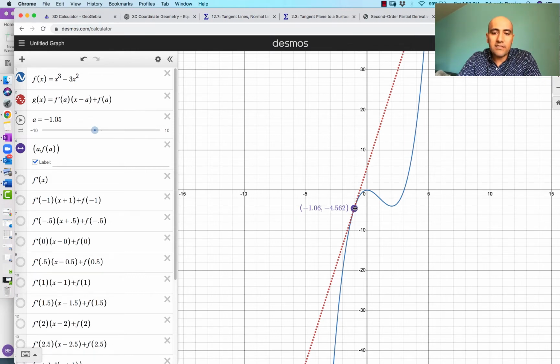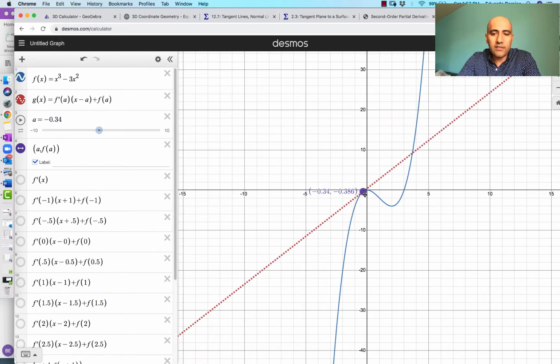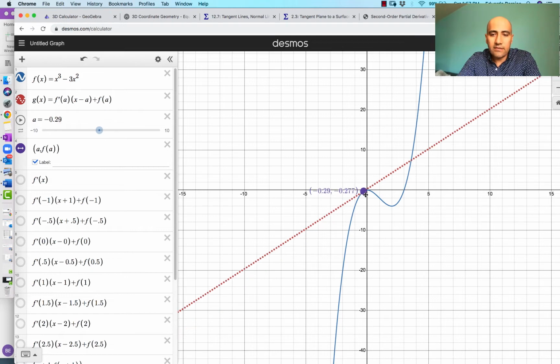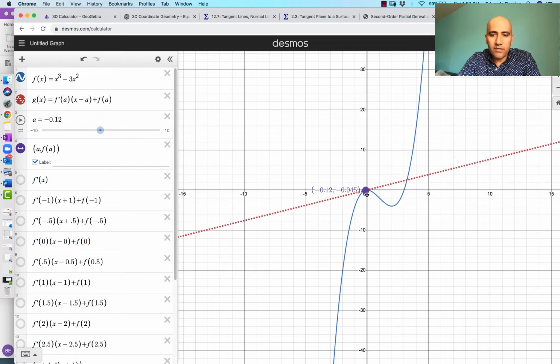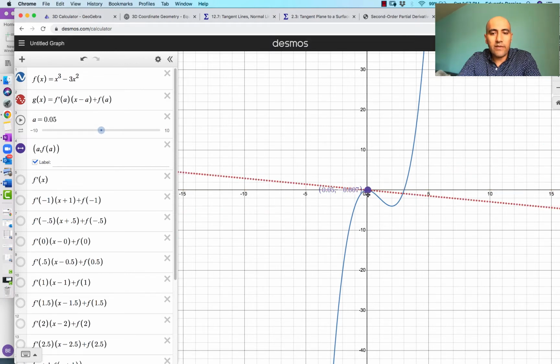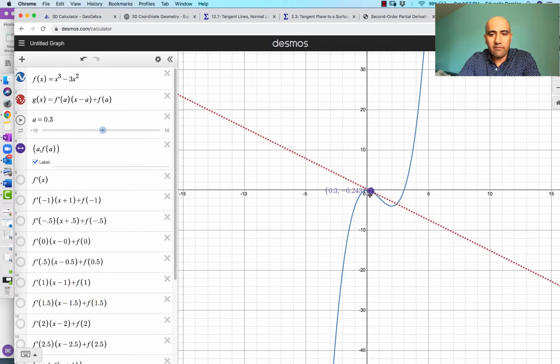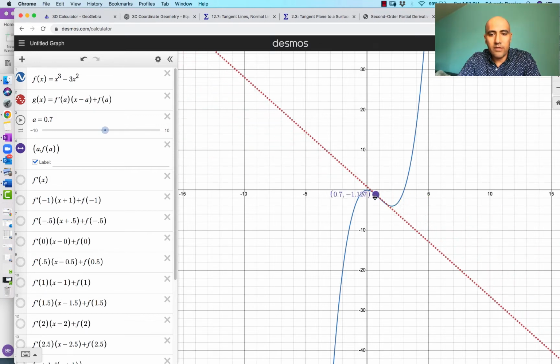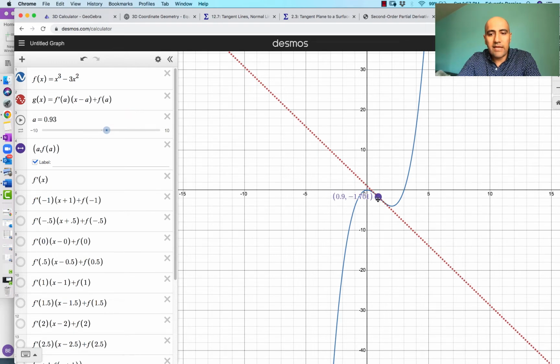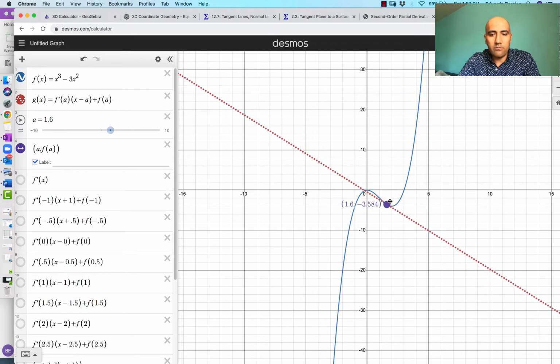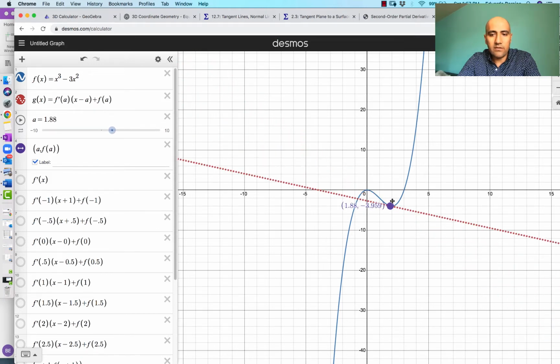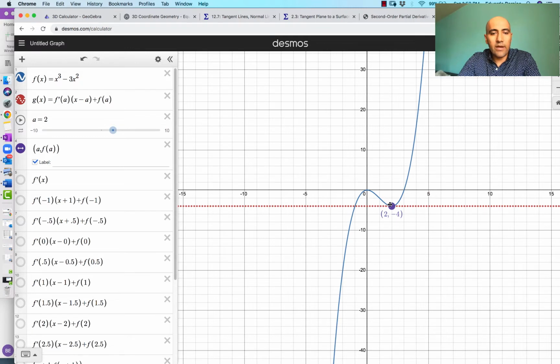Then it becomes a smaller positive slope, still positive, then a really small positive slope until it reaches zero right there. Then it becomes a small negative slope, then bigger and bigger negative slopes until it reaches its maximum negative slope, and then becomes a smaller negative slope, still negative but smaller, until again it reaches zero right there.